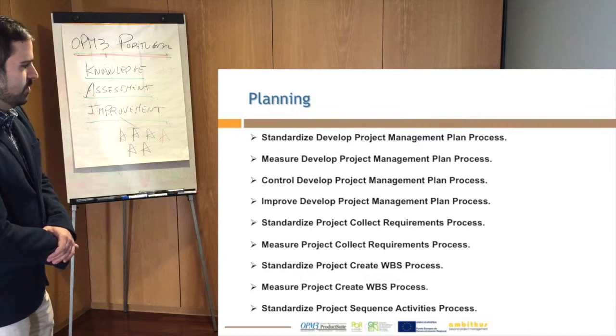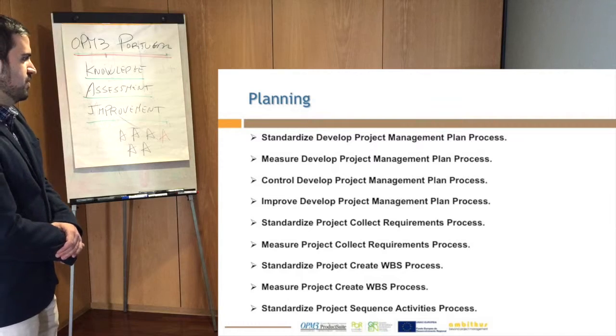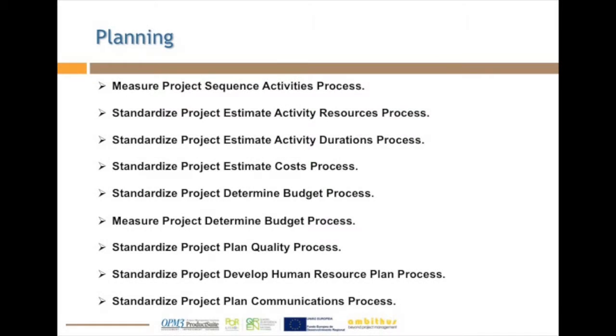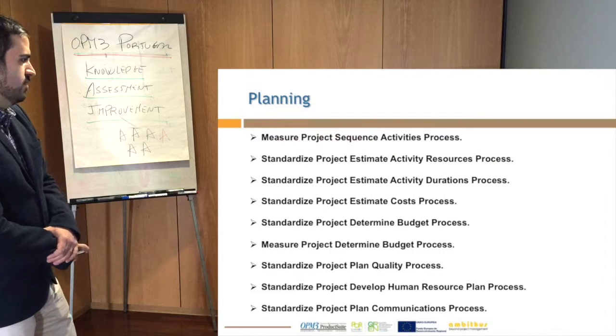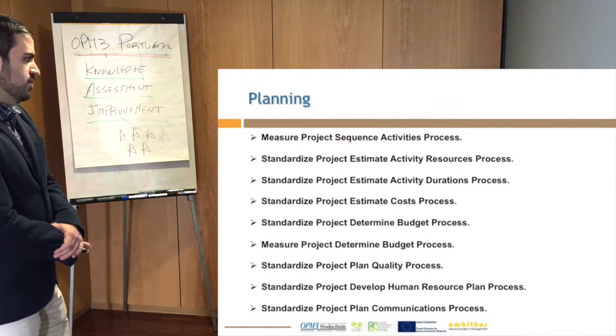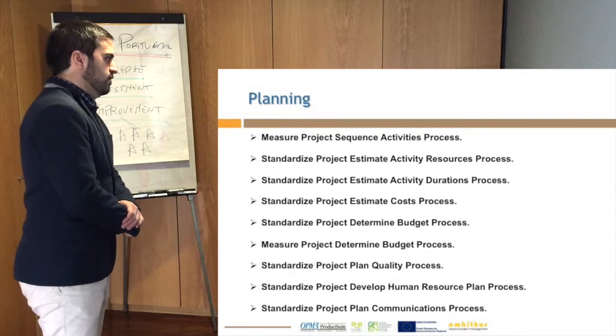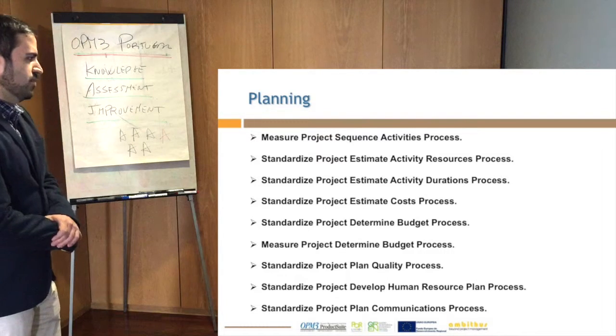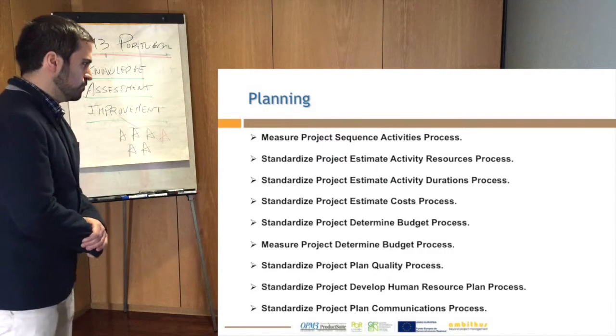And for the project sequence activities, we recommend to standardize as well as measure. For the estimation of activity resources and activity durations, we recommend to standardize only. Standardize also the project estimate costs as well as the determine budget. Here, for the determination of the budget, we'll go a little bit further with also measuring the process.